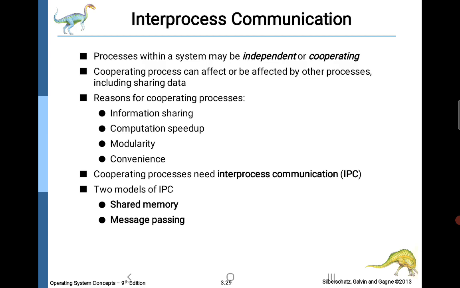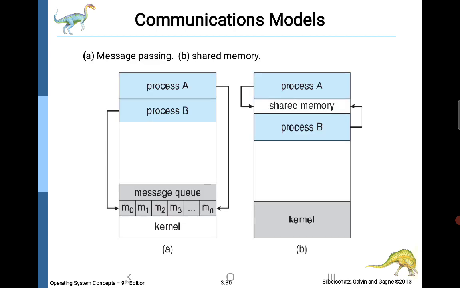So, if there are processes that are coexisting and cooperating, they need to communicate. There are two main ways for processes to communicate, either through a shared memory or through a message passing system.